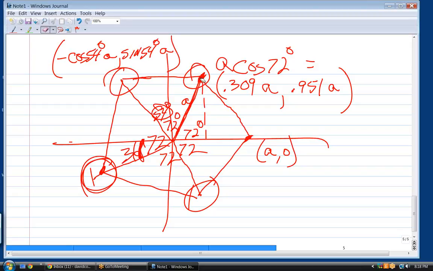In other words, to figure out the dimensions of this point right here, I realize I'm looking at the cosine of 72 degrees equals, or rather, A equals... no. I can see when I did it rectilinear, I used the same relationship for these triangles that you use when you convert polar to rectilinear or back the other way.